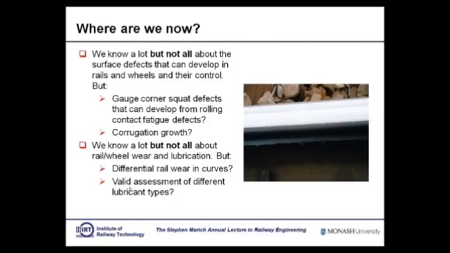How fast do corrugations grow? And what drives them on to keep on growing? We know a lot, but not all, about rail and wheel wear and lubrication. We've gone a heck of a long way. But there are curves that have differential wear from one end to the other, which doesn't make quite some sense.